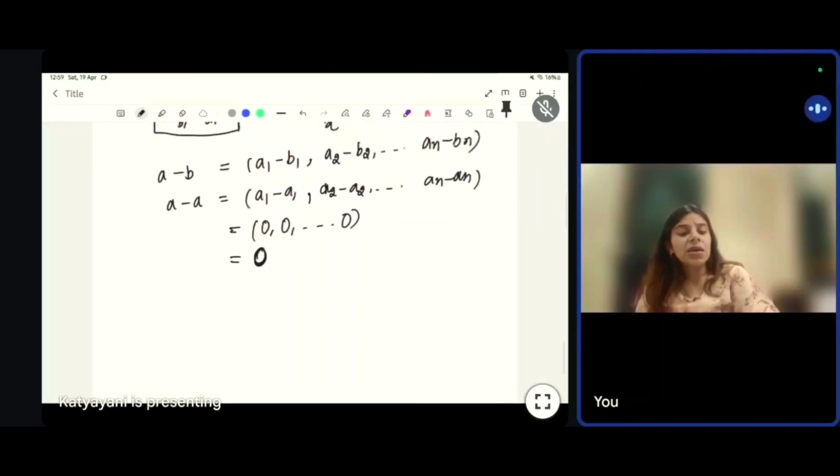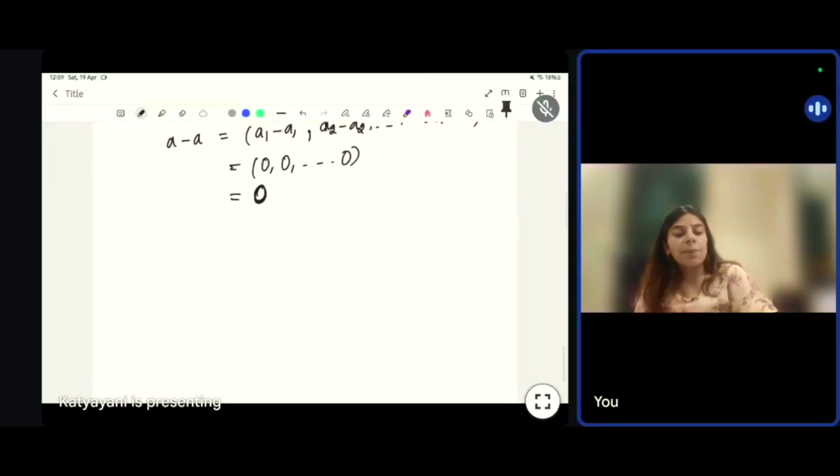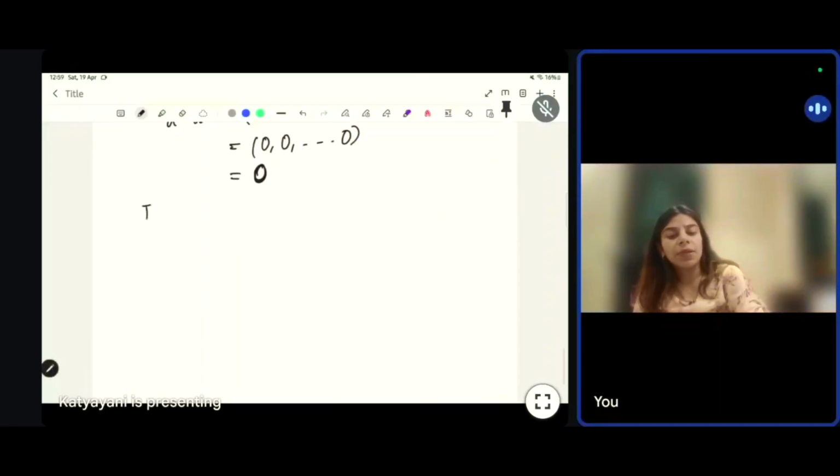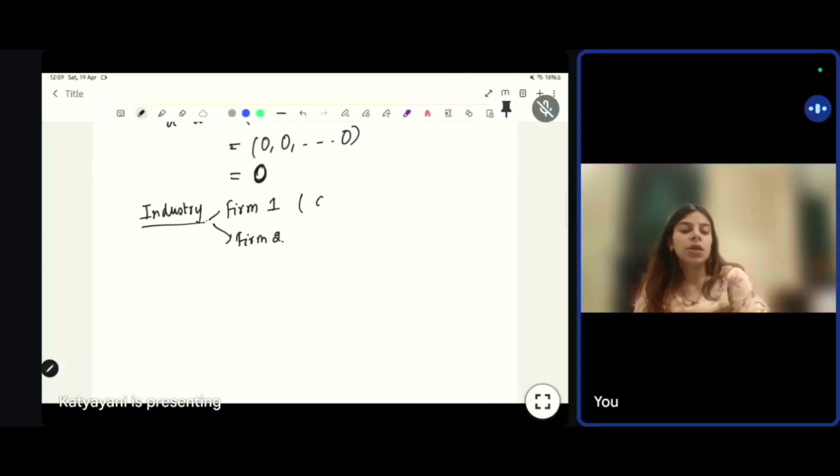Why is this beneficial? For example, you have a whole industry, and in it there are two firms, right? There is firm 1 and the other is firm 2, right? You have to find out, suppose firm 1 produces n products, q1, q2, q3, and qn is the quantity of those n products.